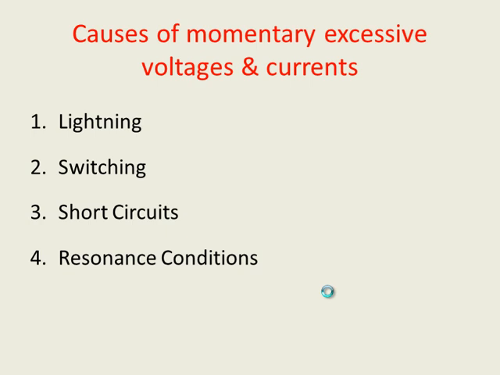As you know, lightning remains for a small period of time, and that may be one reason. And obviously the rise in voltage and current is very large, and it may damage our system.